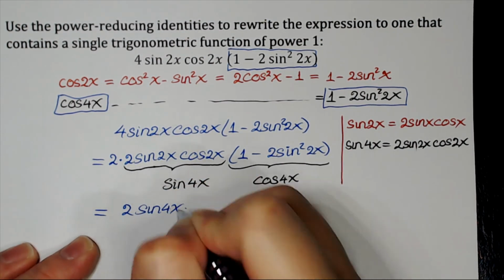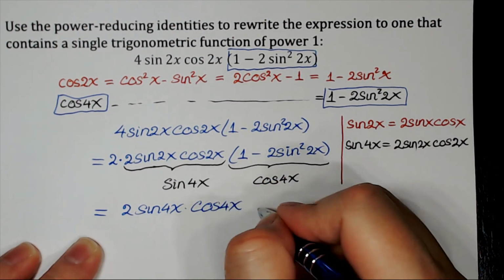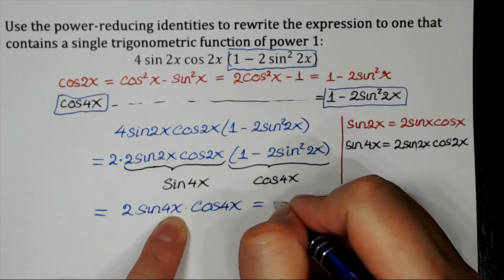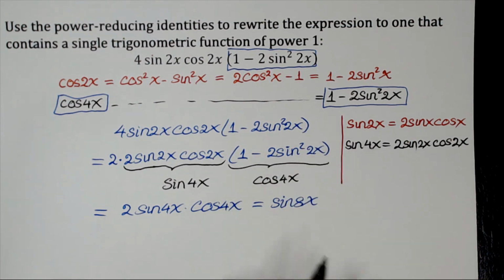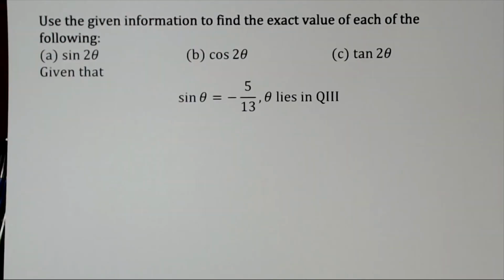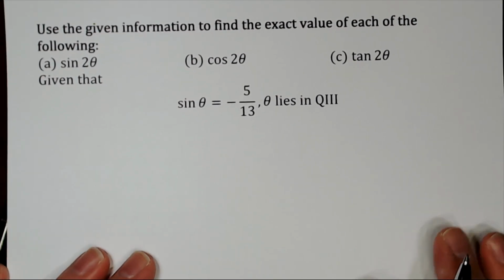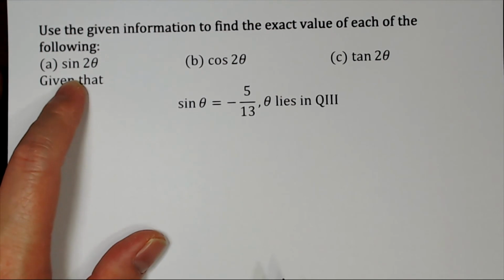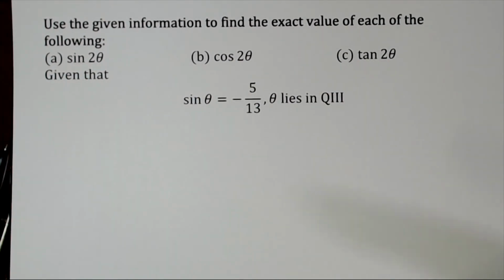So I write that formula, cosine of 2 theta, in this case, let's say 2x, is equal to cosine square minus sine square, or we can use this formula, 2 cosine square minus 1, or 1 minus 2 sine square, and that is close to what we're looking for.